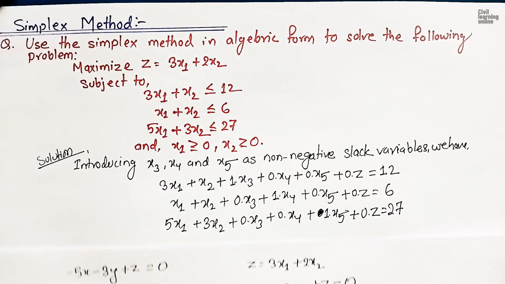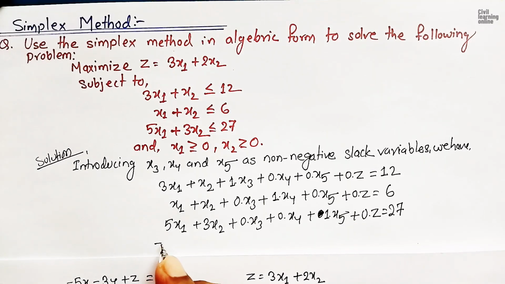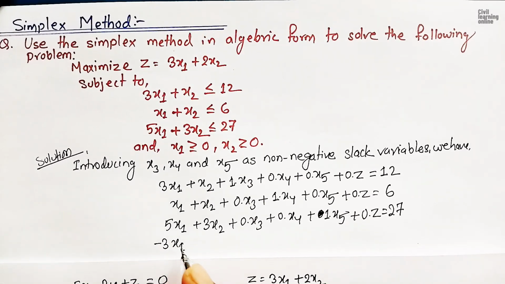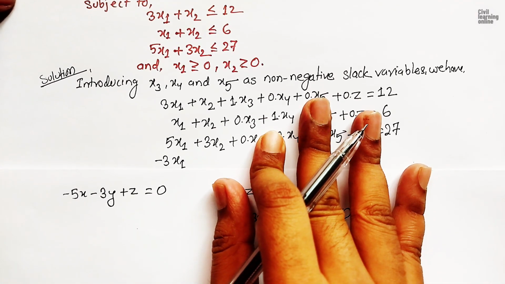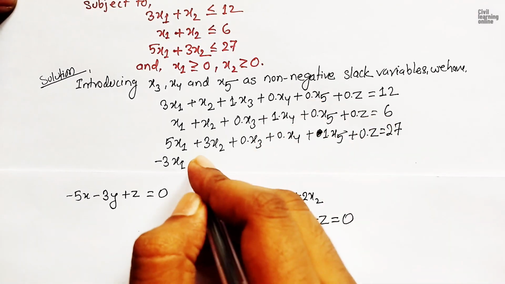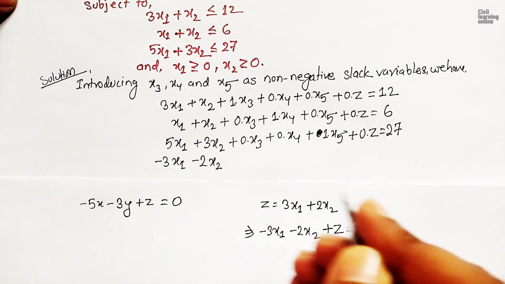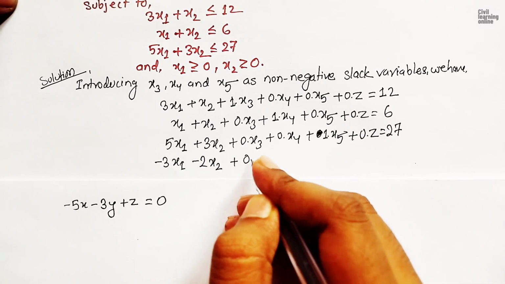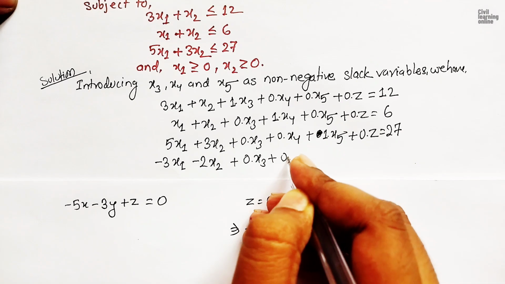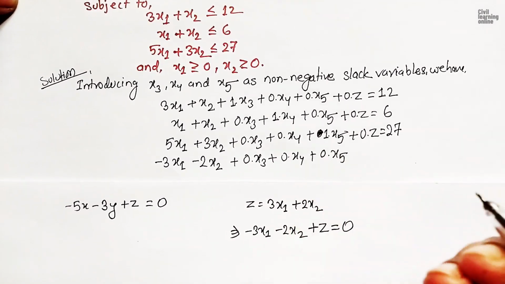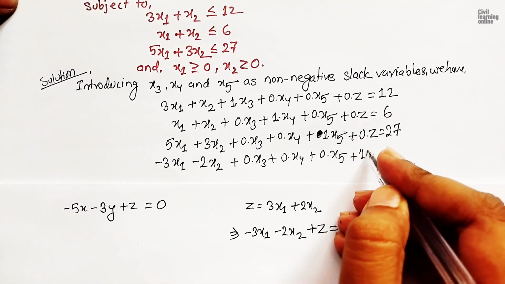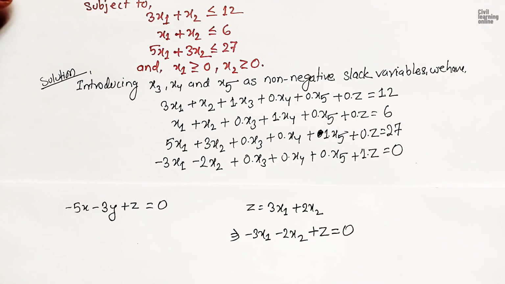So we will have minus 3x1 minus 2x2 plus 0 times x3 plus 0 times x4 plus 0 times x5 plus 1 times z equals 0. I hope it is visible to you guys.